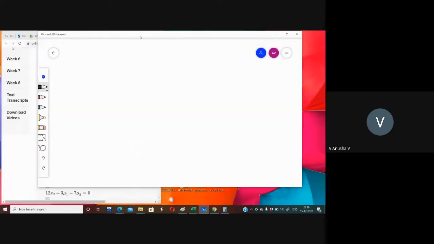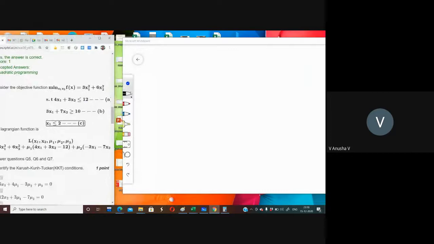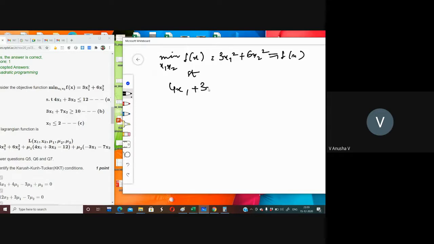So we already have one function: minimize over x1, x2, f of x equals 3x1 square plus 6x2 square. Okay, this is f of x. Subject to, there are three inequality constraints. 4x1 plus 3x2 minus 12 less than or equal to 0.